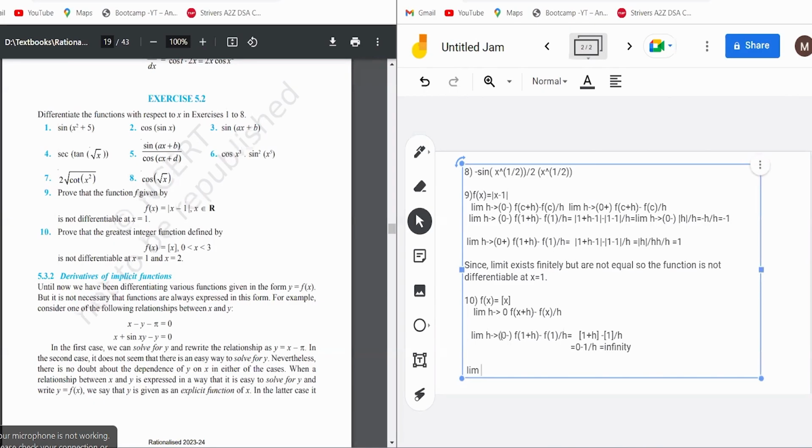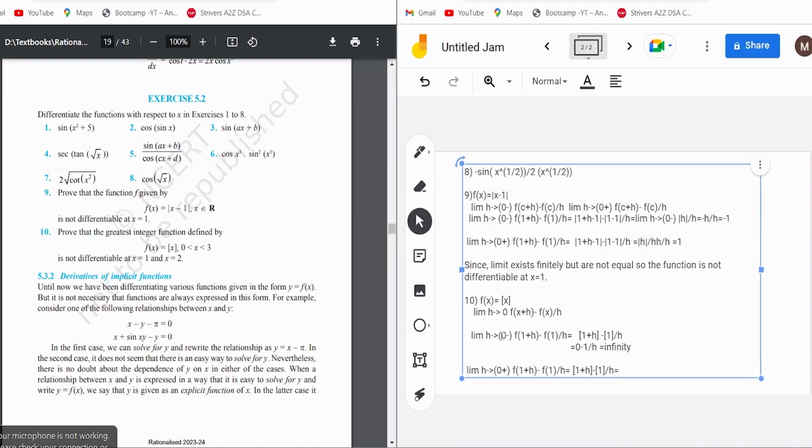Limit of h tending to 0 plus, f of 1 plus h minus f of 1, divided by h. So here we can write the same thing: 1 plus h minus 1, divided by h. But in this case, since h is greater than 0, 1 plus h would be something like 1.00000001.